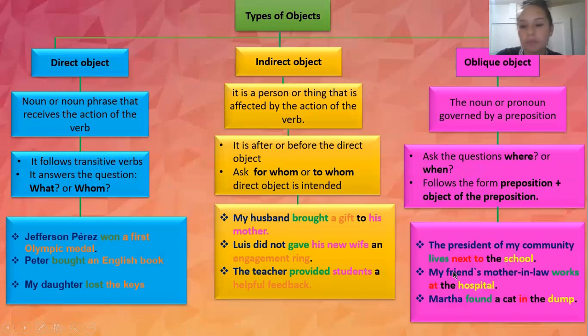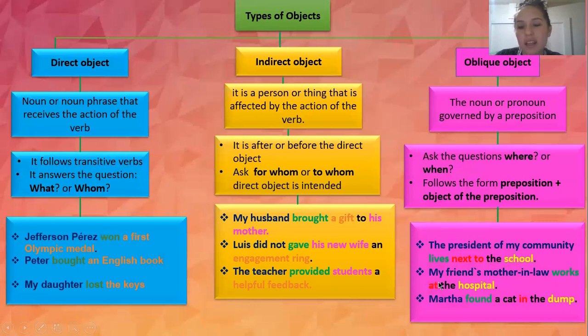Now, the next example is my friend's mother-in-law works at the hospital. We know that works is the verb and at is the preposition.